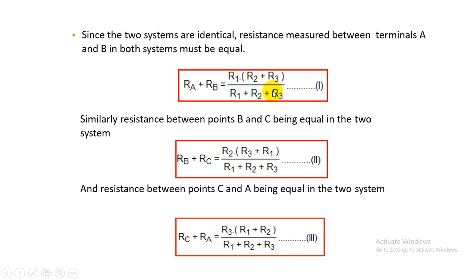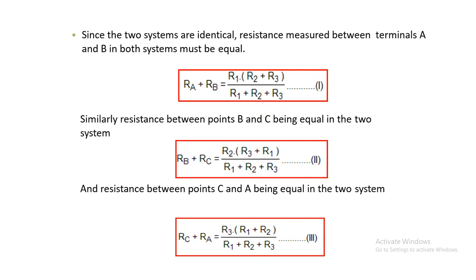Like this we get three different equations when we apply the voltage across three different pairs of terminals. These three play a vital role in getting the exact values of this transformation.